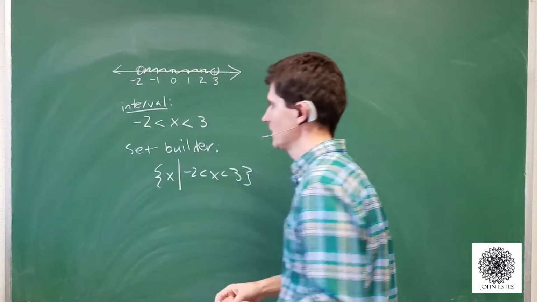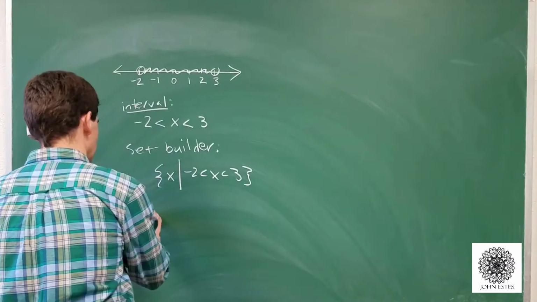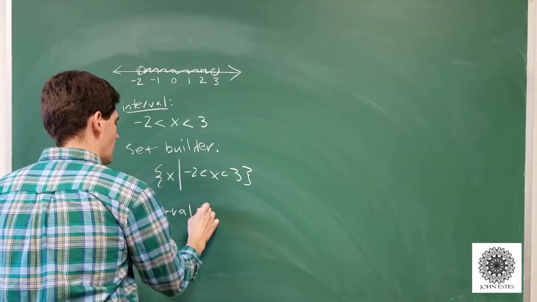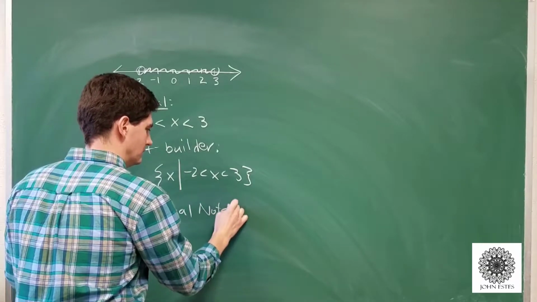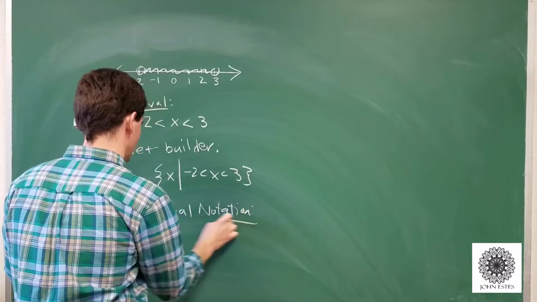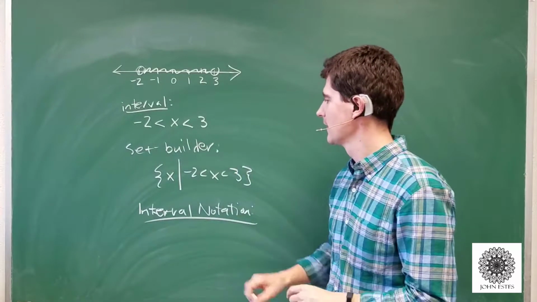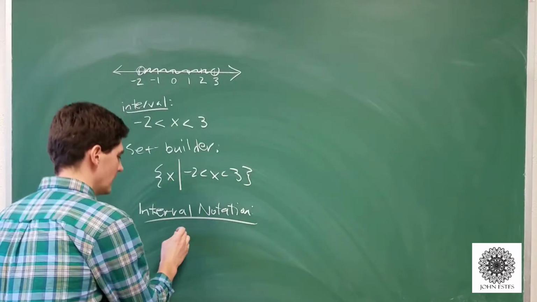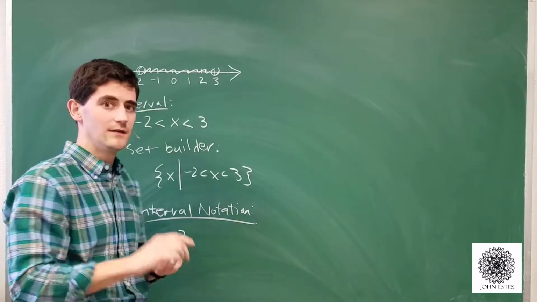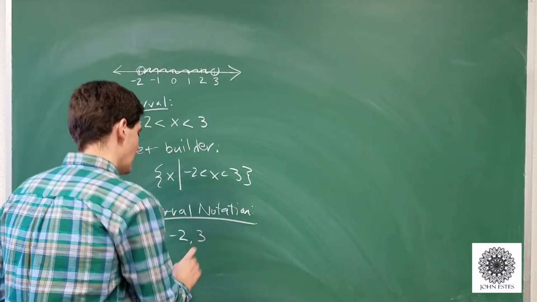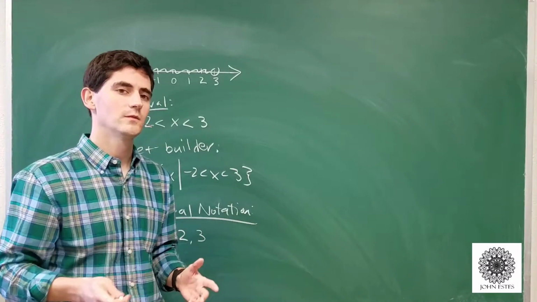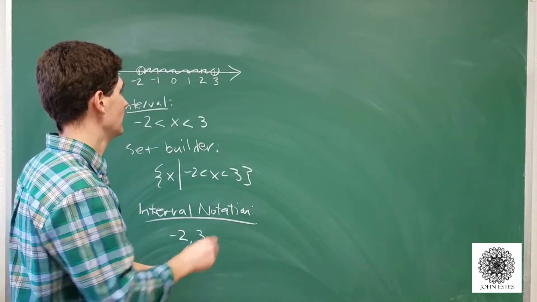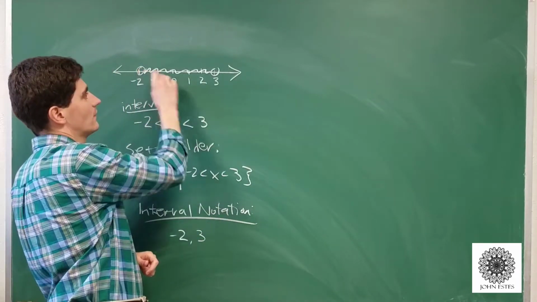The other way to represent this interval is through interval notation. With interval notation, I'm going to take my starting point along this part of the real line that I'm looking at, so it's -2, and the end point, which is 3. And then all I have to do is include them in parentheses or brackets, depending on whether -2 and 3 are included. Now the way I drew this, notice I have open circles here.